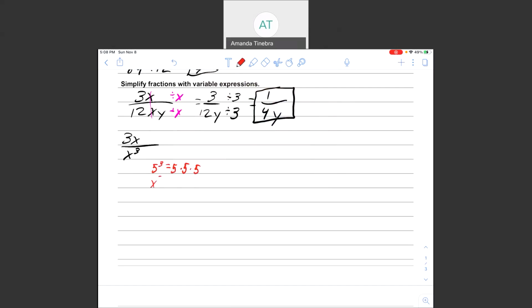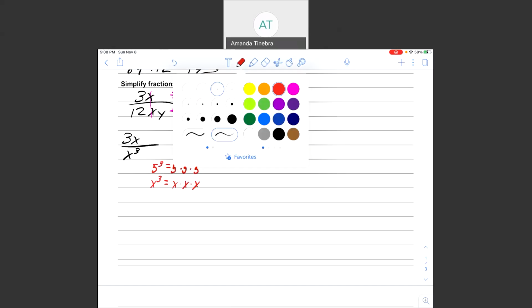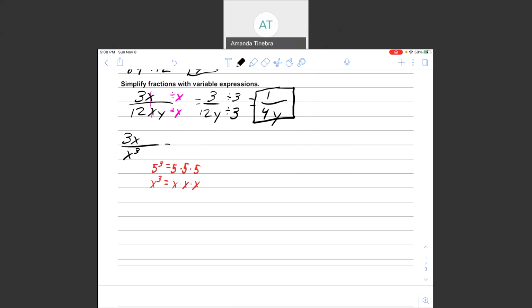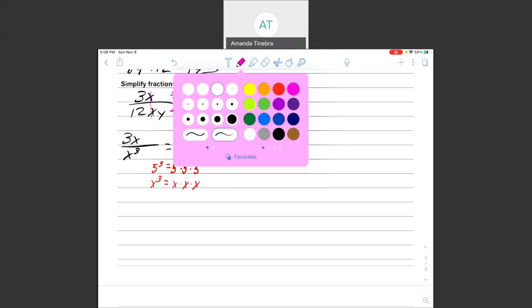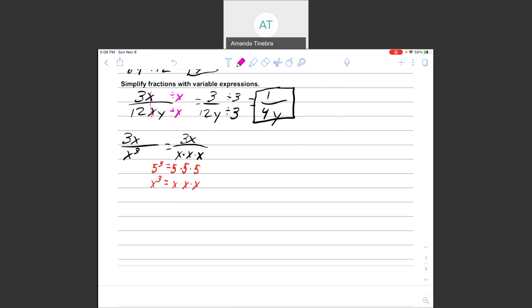So x to the third power actually means x times x times x. So the first thing I want to do to simplify this is rewrite this. 3x on top, and on the bottom, instead of x to the third power, I'm going to write x times x times x. Now that I've done that, I can see what I can cancel out. Well, I have an x and an x right here. That means I can divide by x on both the top and the bottom.